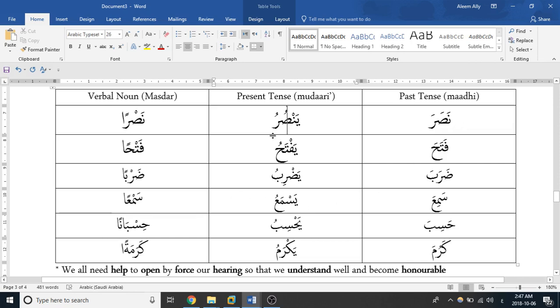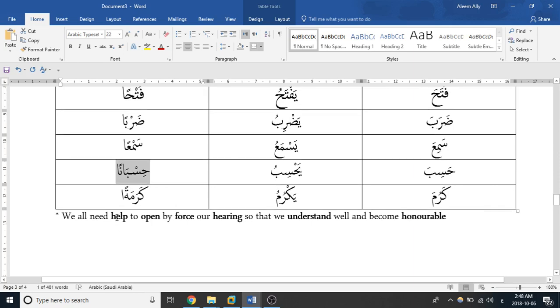So it'd go nasara, yansuru, nasran, then fataha, yaftahu, fathan, daraba, yadribu, darban, sami'a, yasma'u, sam'an, hasiba, yahsibu, hisbanan, karuma, yakrumu, karamatan, right? So as you can see, they're not following a specific pattern. They change up every so often. You're really just going to have to look into the dictionary to know those.